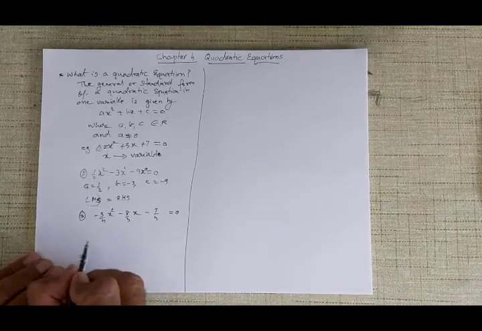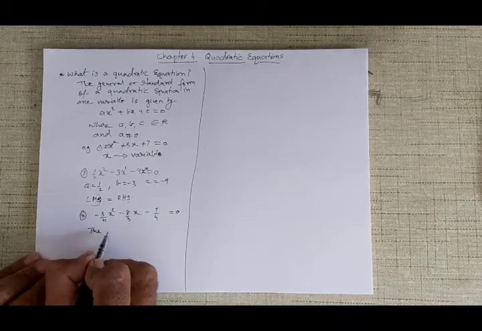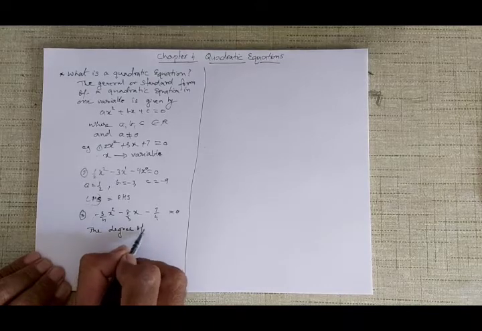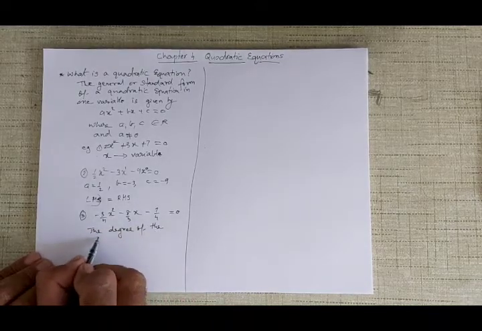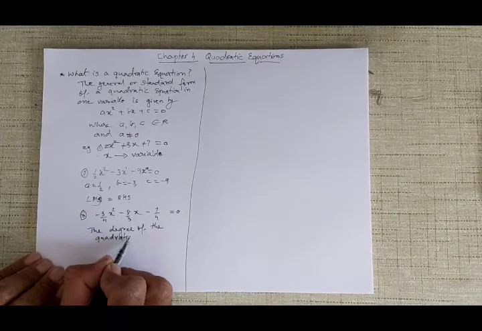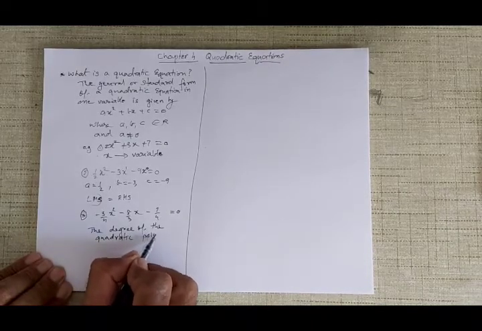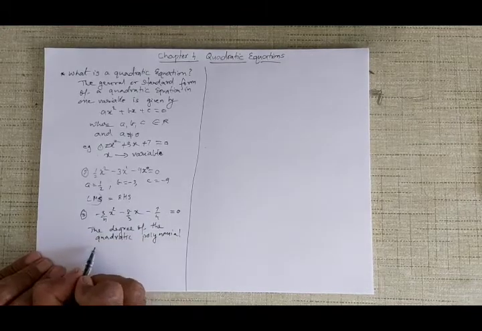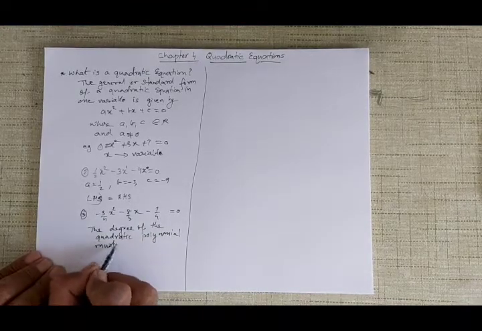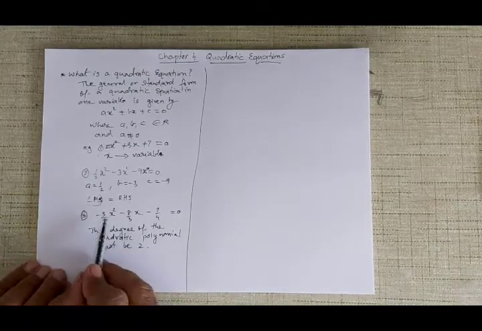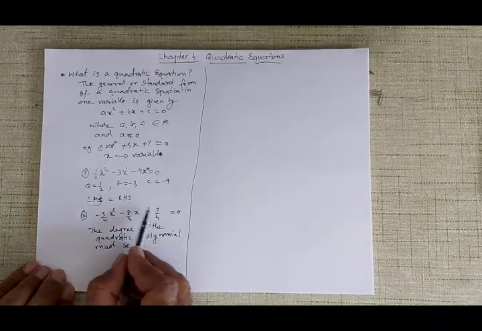For a quadratic equation, the degree of the quadratic polynomial must be 2. Here you see what is the quadratic polynomial. This is the quadratic polynomial, this part.